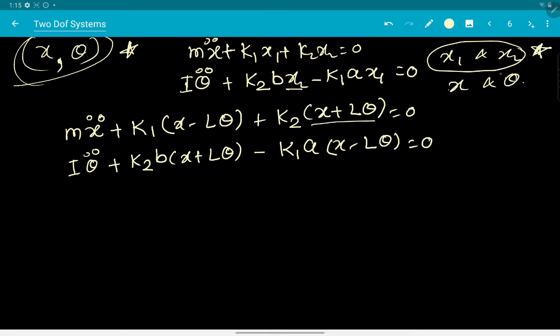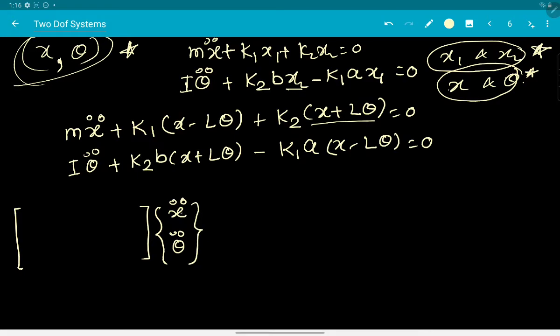However, now we are choosing this set, that is x and theta. Now we can rearrange these two equations again in matrix form like this. Let me have a matrix whose elements I'll be populating very soon. It will be x double dot and theta double dot, this is the acceleration vector. The other displacement is theta, which is actually the rotation.